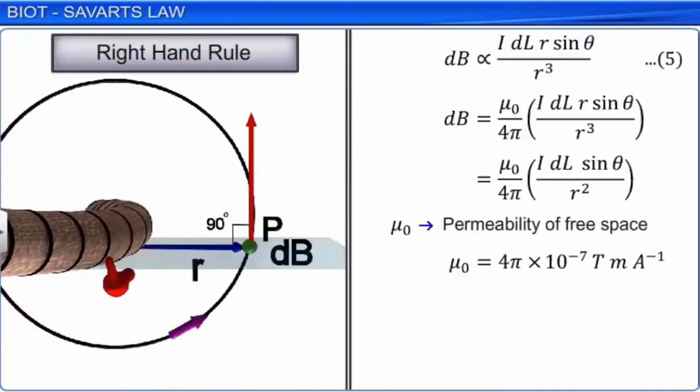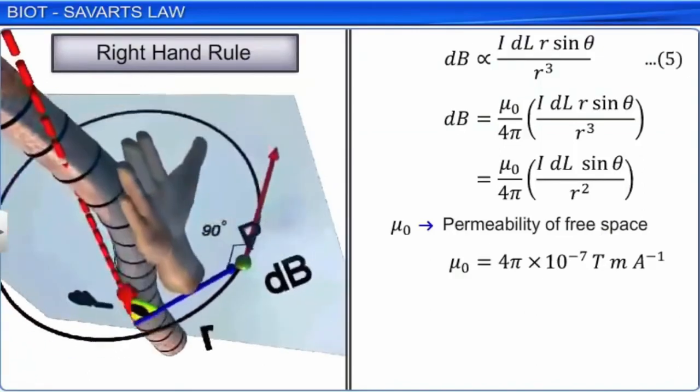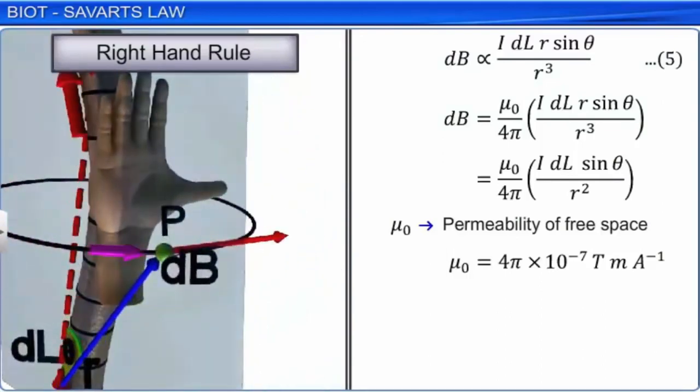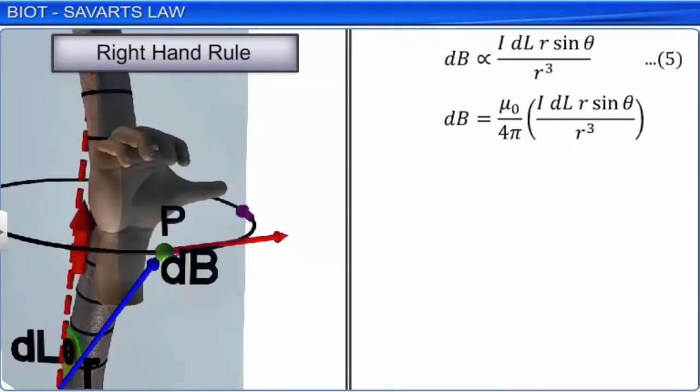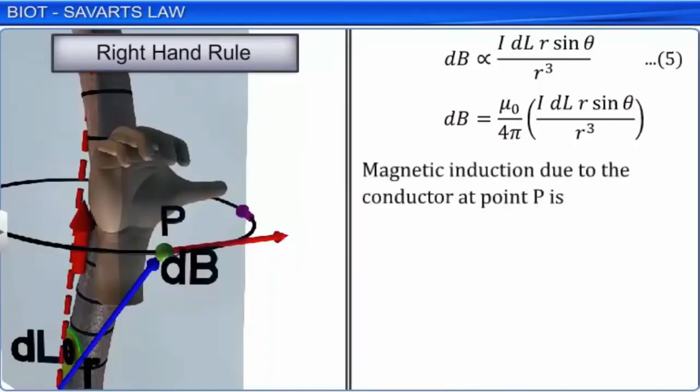According to the right hand screw rule, if we place a stretched thumb along the direction of dl and curl our fingers according to the figure, this is the direction of the magnetic induction dB at point P. The magnetic induction B is obtained by integration with suitable limits. Magnetic induction due to the conductor at point P is B = integral of dB.